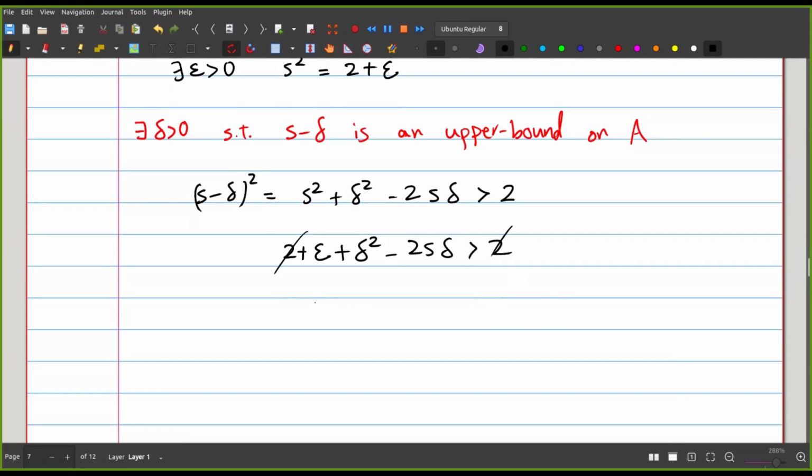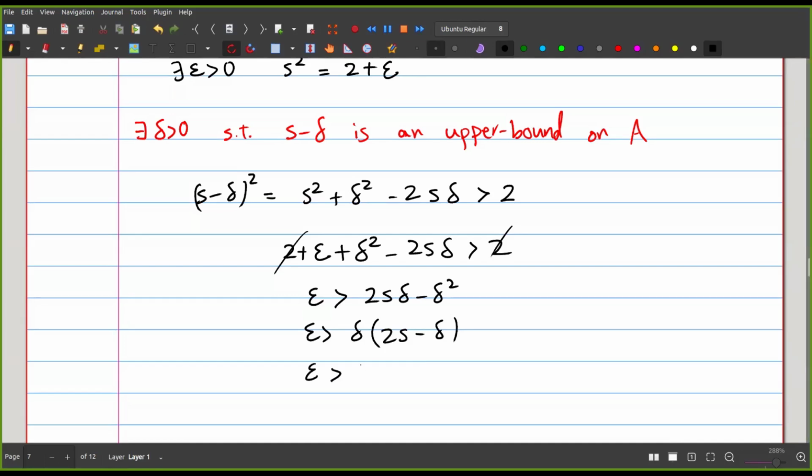And let's see, I will have that epsilon is bigger than 2S delta minus delta squared. And I can just factor out the delta. So epsilon is greater than delta times (2S minus delta). Right. So in order to have this, I don't even need the minus delta here.